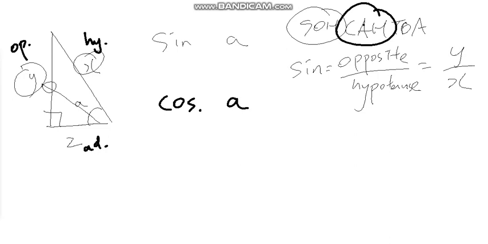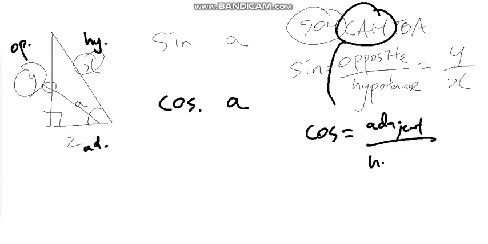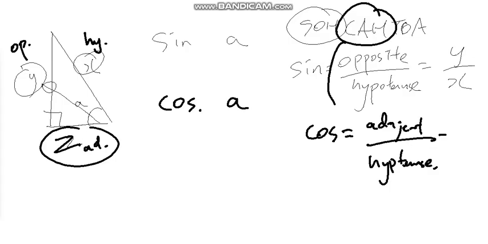As seen here, cosine equals adjacent out of hypotenuse. The adjacent right here is z, so we can plug that in to make it z out of x.